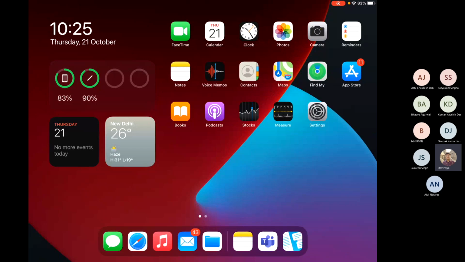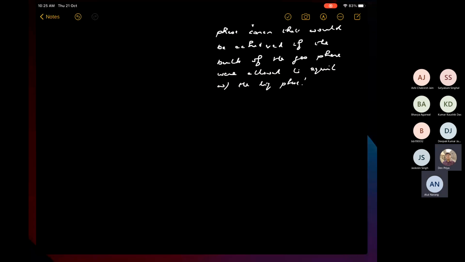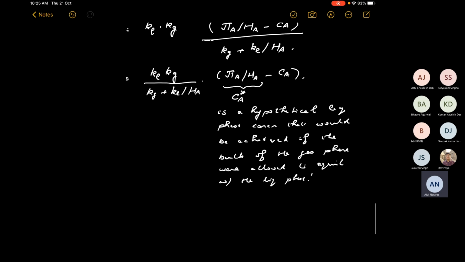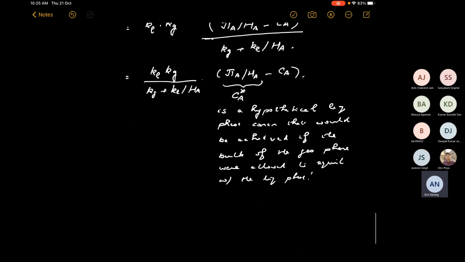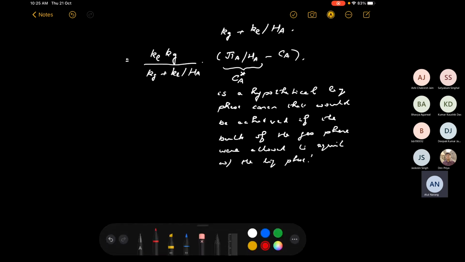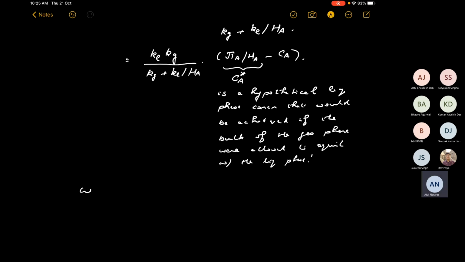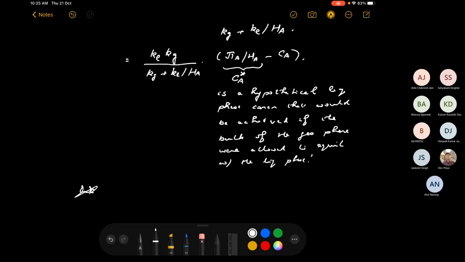It's a hypothetical concept. So now we did this by plugging in for CAI in the expression for JL. But the same thing can be done, and this I will not do, I will leave it to you. Maybe I should pause here for a second and rewrite this. Maybe I should also mention a little bit about this quantity here.